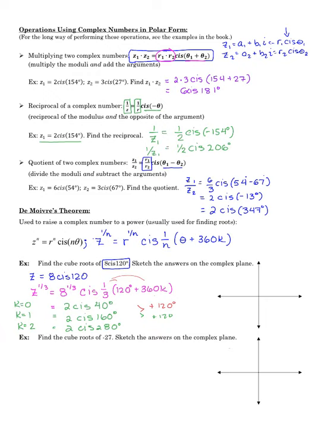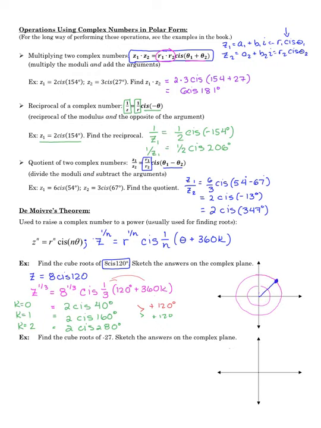And if I had to graph it, it would look like this. 2 cis 40. I'm going to try and be really fancy, and I don't know if I can do this right. I'm going to make myself a polar graph. Not a bad circle. Okay, so if I was going to graph this, I'm at a radius of 2 at 40 degrees, so that would put me about here.